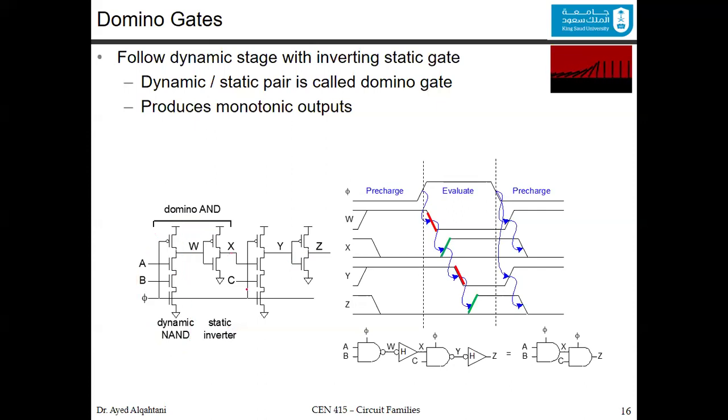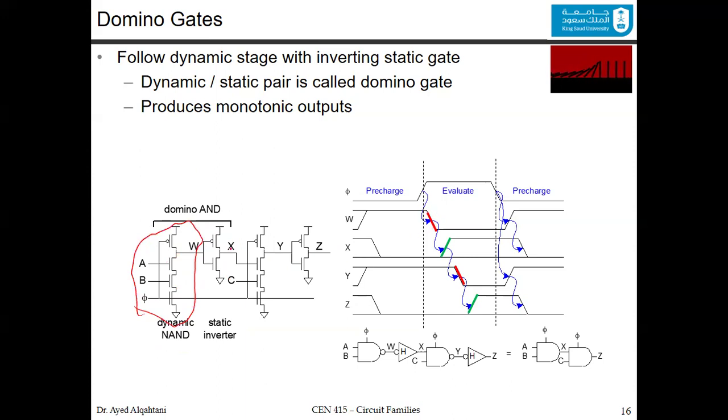So basically, the domino gates, by definition, are simply a dynamic circuit followed by a static CMOS inverter, which is the normal inverter that we know. How is this fixed? We discussed this problem before, which is the problem of the fall here.